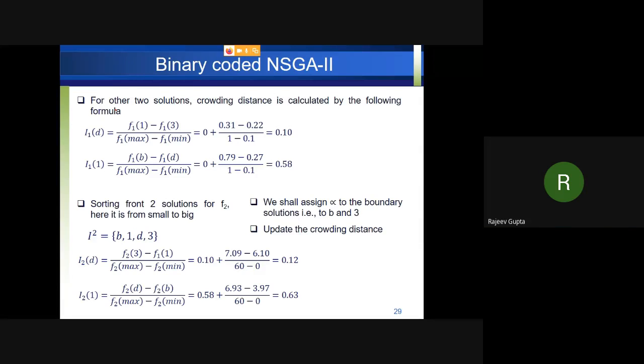Crowding distance is also similar to Manhattan distance. Which distance? Manhattan distance. Manhattan and Euclidean. No, this is not Manhattan.